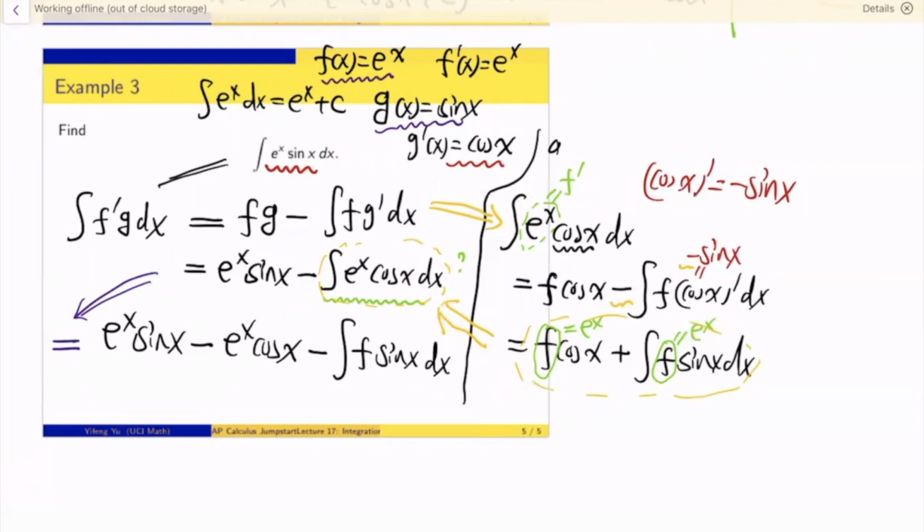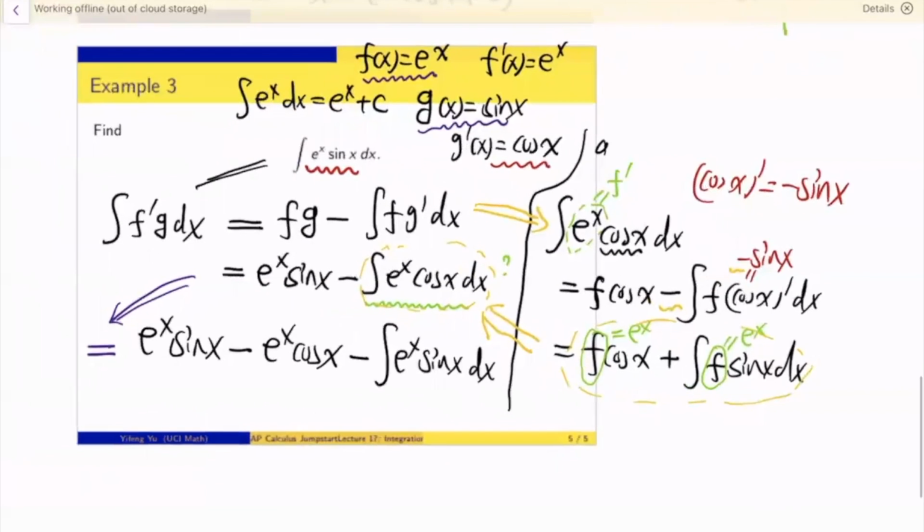Let's replace f by e^x. So this is e^x. Now remember, these are the same, so we get exactly this here. On the left-hand side, we have the antiderivative of e^x sine x.